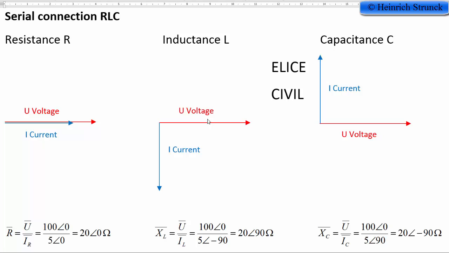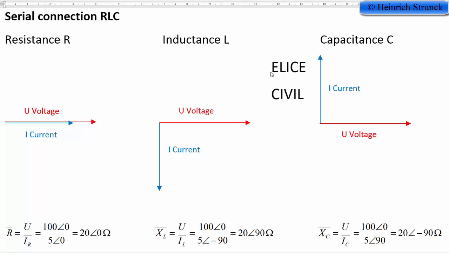To remember that, we have two laws, and the one in the book says CIVIL, and we also have ELI the ICE man. For CIVIL, if we have a capacitor we look at the first three letters, CIV, and if we have an inductor we look at the last three letters, VIL.